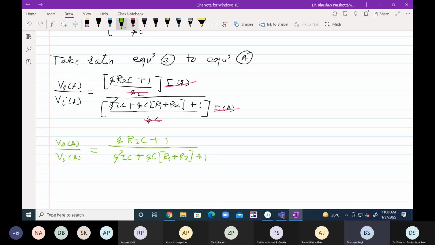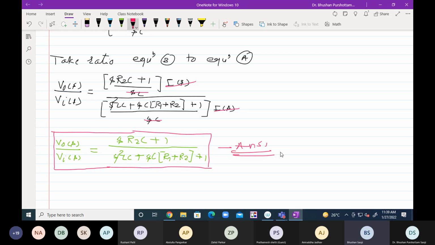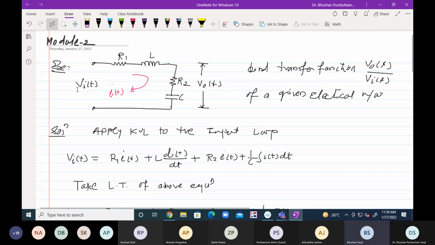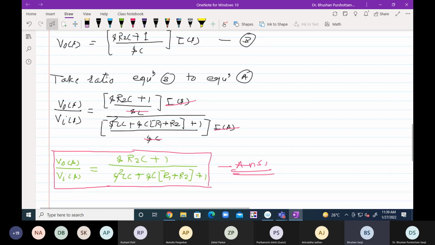So this is our transfer function. This is the answer. This is the transfer function of the given network.